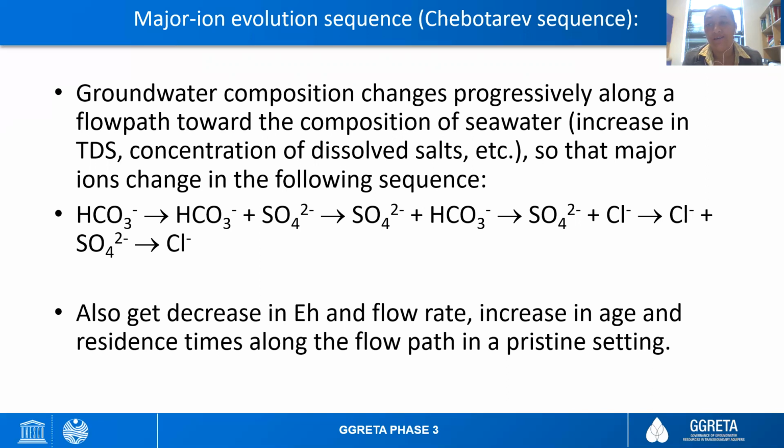So you'd find younger water in your recharge zone, and you'll find much older, more salt-rich or dissolved salt-rich water in your discharge zone. So these also need to be taken into consideration when you are setting up your monitoring network.